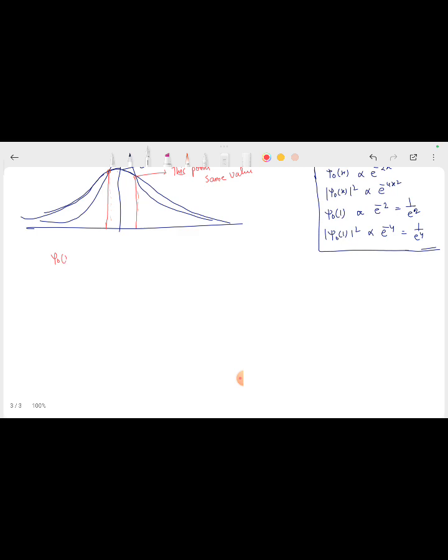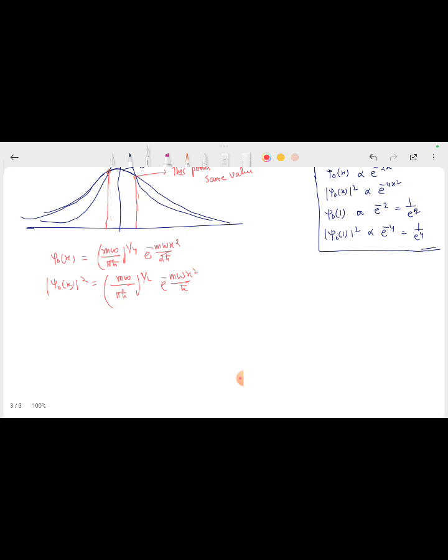We have psi 0(x) equals (m omega upon pi h cut) to the power 1/4 into e to the power minus m omega x square upon 2 h cut, and psi 0(x) mod square equals (m omega upon pi h cut) whole to the power half e to the power minus m omega x square upon h cut.